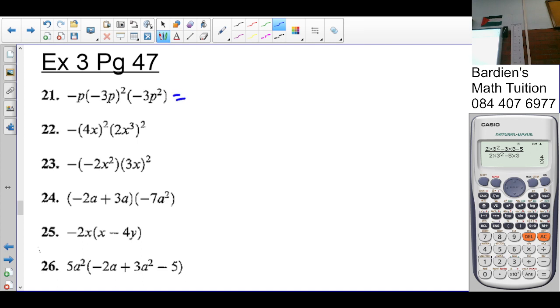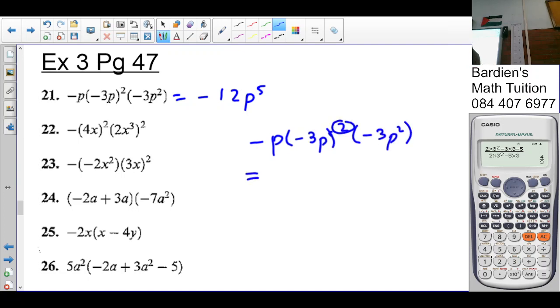So the answer you guys got to 21? Negative 12 p to the power 5. Is that correct? No, they don't look right. I got 27 p to the power. Not so. Whoever said this, let's have a look here. It must be squared into negative 3p squared.